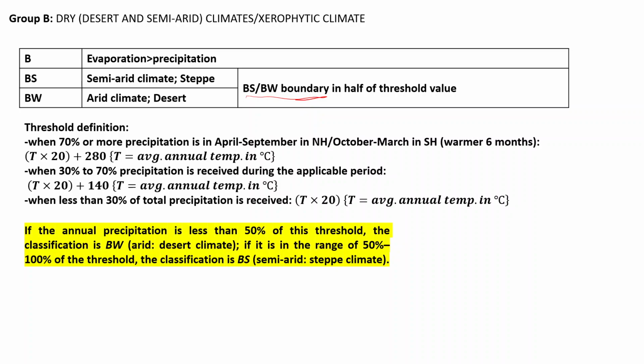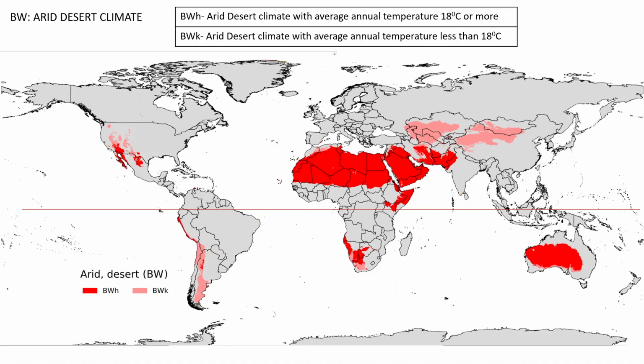So in case of arid climate, desert climate, you will get cactus-like vegetation, while in case of semi-arid climate, you will get steppe-like vegetation. So see this map. In this map, you can very easily see all those zones.